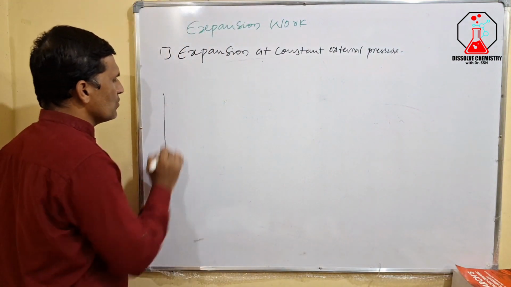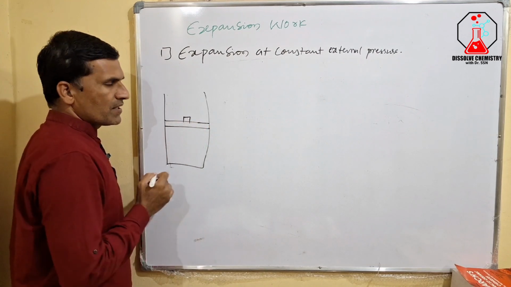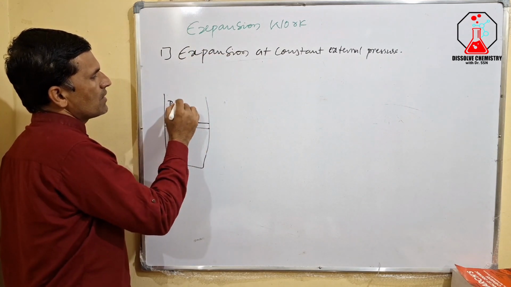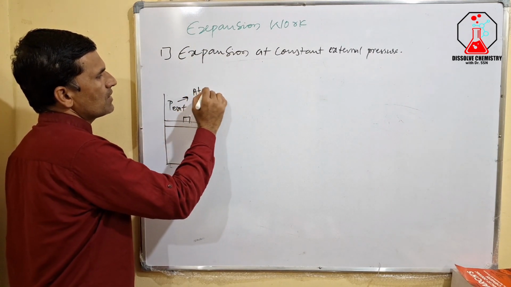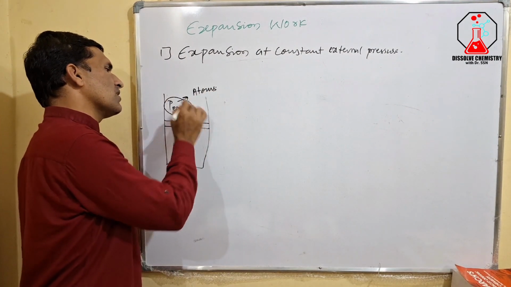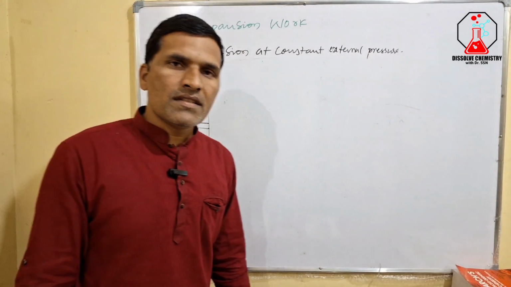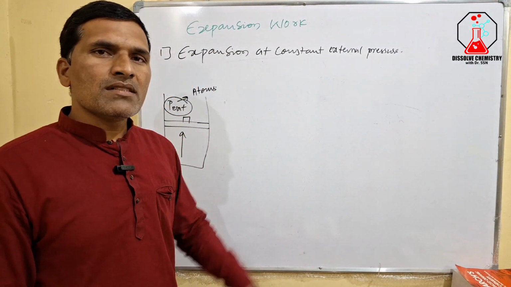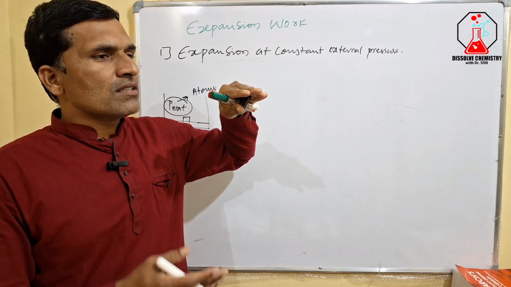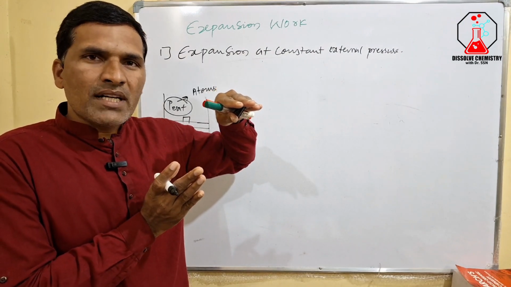Say, for example, you take a system containing a gas fitted with a weightless frictionless piston, and the P external is nothing but atmospheric pressure, or pressure of the surrounding, which is always constant, and whatever change is taking place is all taking place within the system. That means your opposing force is constant now. When opposing force is constant and driving force is also constant, both are the same, so there is no net work.